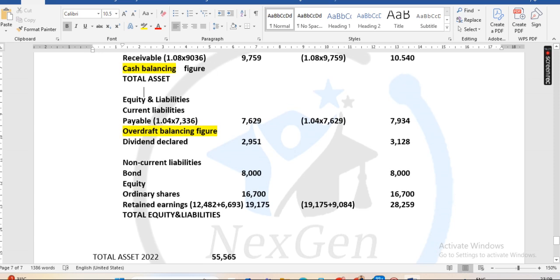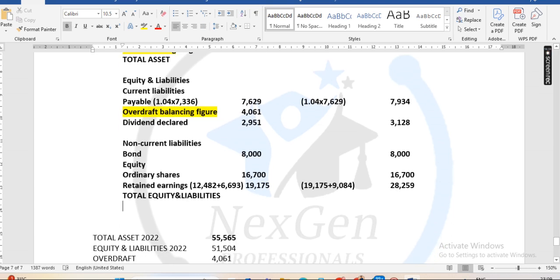Okay. Where is it? Balancing figure. 4061. So you can confirm this figure again when you are doing it again.